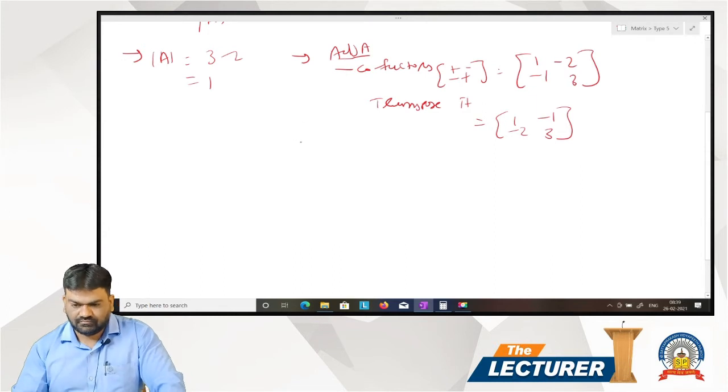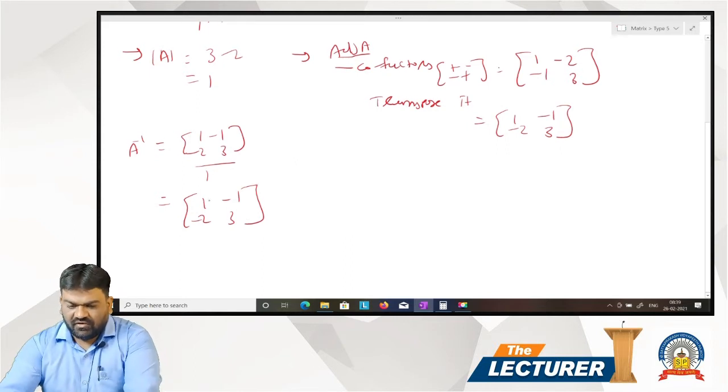Now A raised to minus 1 is equal to [1 minus 1; minus 2 3] divided by 1, which is equal to [1 minus 1; minus 2 3].